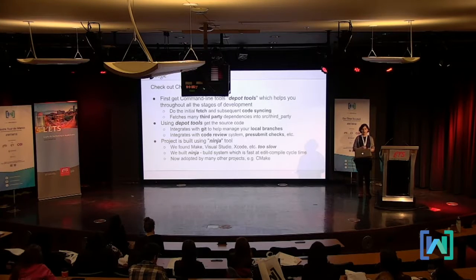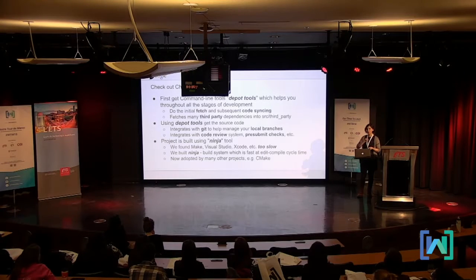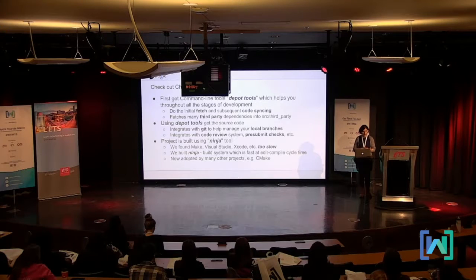That's because we use a build system called Ninja, which is a tool developed at Google, but you can find it on GitHub. And it is built with this work-compile cycle in mind, so that incremental builds are really fast. So afterwards, when we have all the source code, then we proceed to choosing a bug.